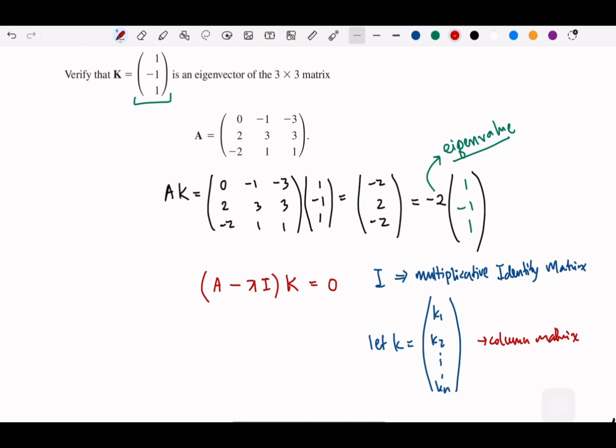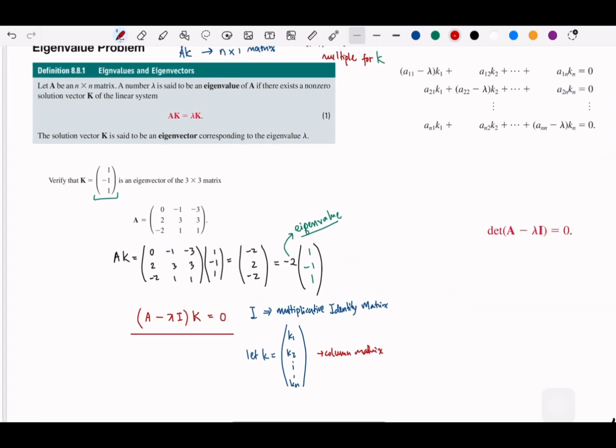So if we write using these expressions, then we can write the whole thing becomes this.